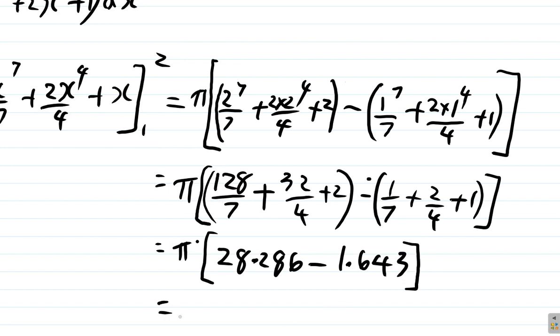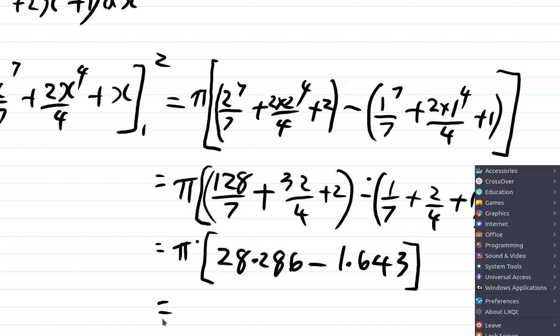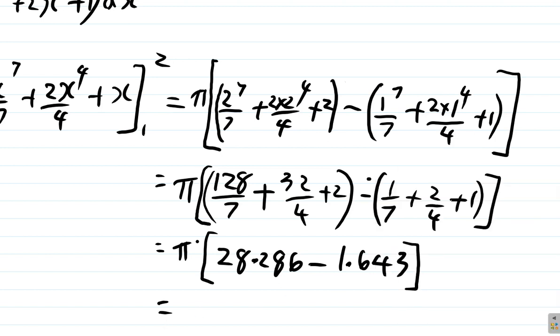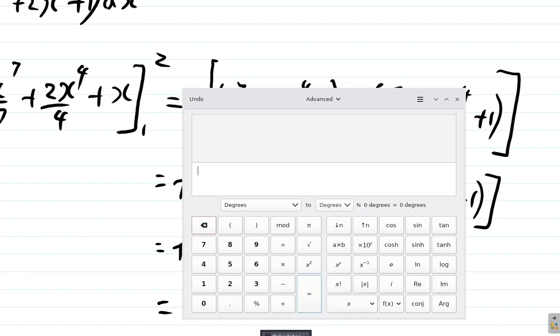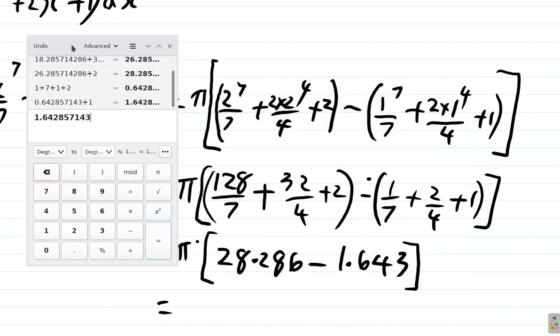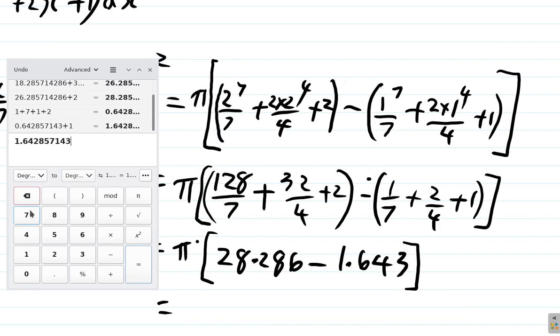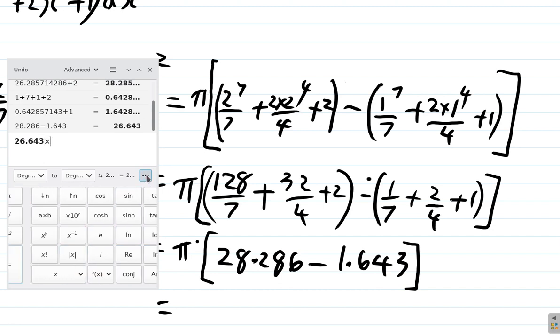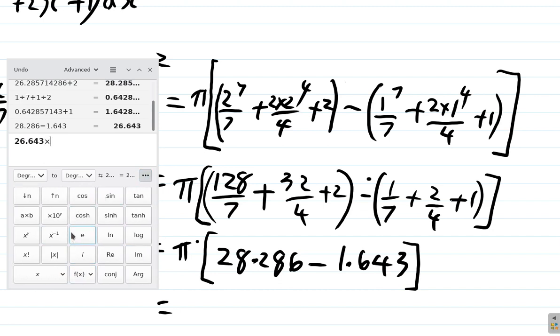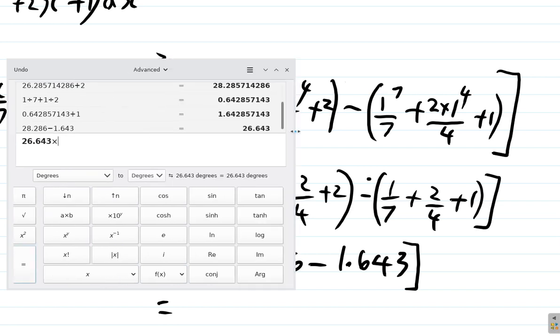So when we do the calculation, what we're going to get is this. Let me go back to my calculator. It's going to be 28.286 minus 1.643, times pi. Where is pi?